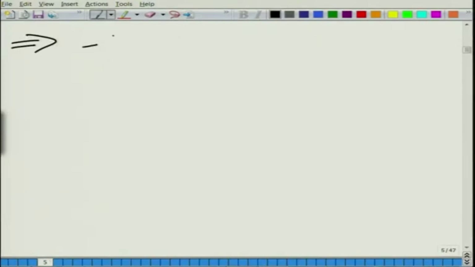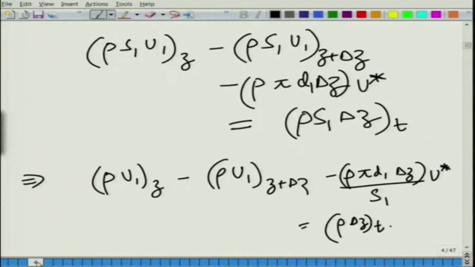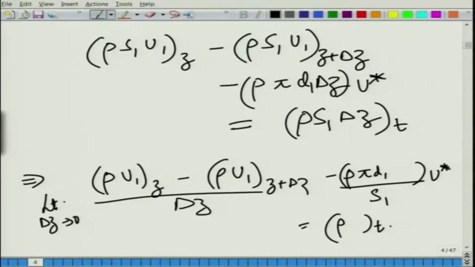Here we get minus u1, because now this becomes your partial derivative with respect to z in the limit of delta z tending to 0. Here we divide throughout by delta z, so this goes away, this goes away, okay. So, we do that, and we take the limit delta z tends to 0.